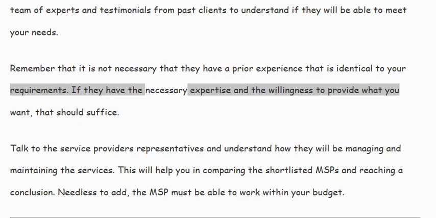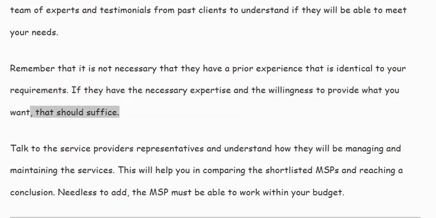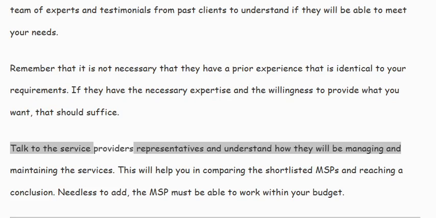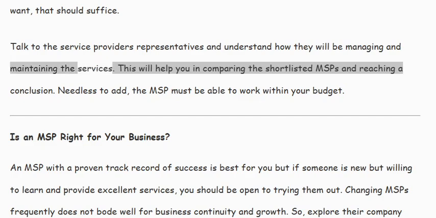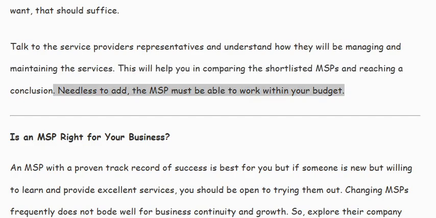If they have the necessary expertise and the willingness to provide what you want, that should suffice. Talk to the service provider's representatives and understand how they will be managing and maintaining the services. This will help you in comparing the shortlisted MSPs and reaching a conclusion. Needless to add, the MSP must be able to work within your budget.